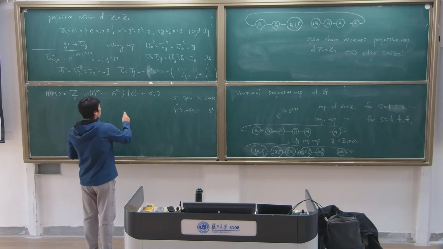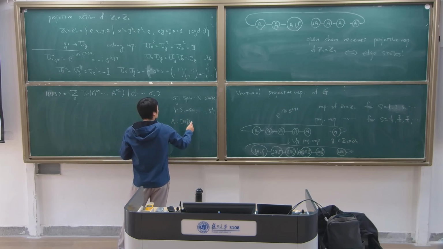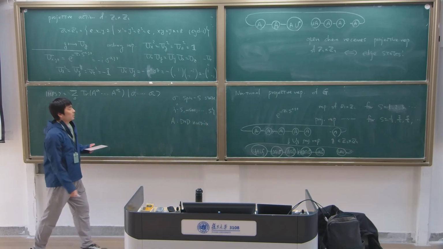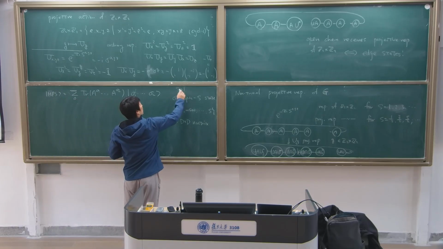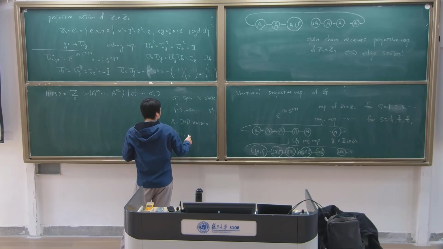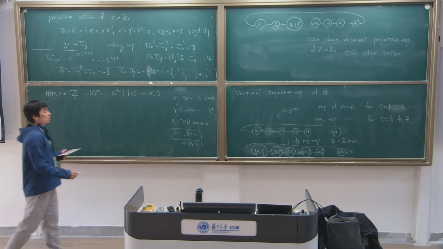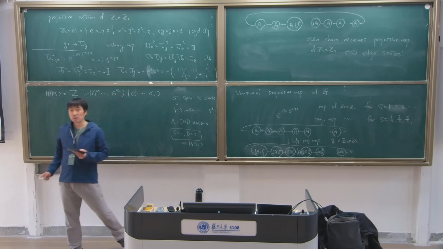Here, much more general, I consider A as a D cross D matrix. Previously, S was equal to 1. If you take S equal to 1 and D equal to 2, we have the valence bond solid state. But here we can generalize this to general S and general D.